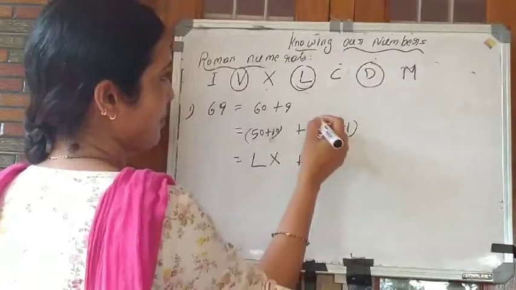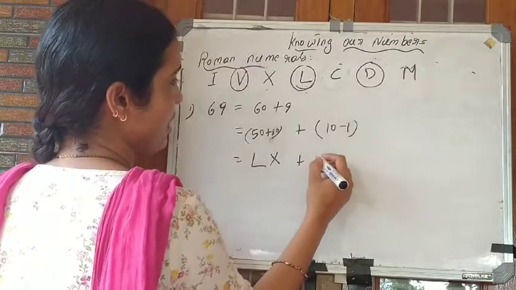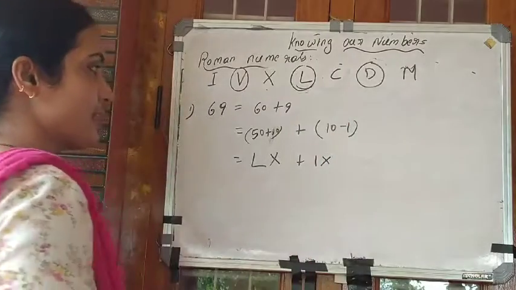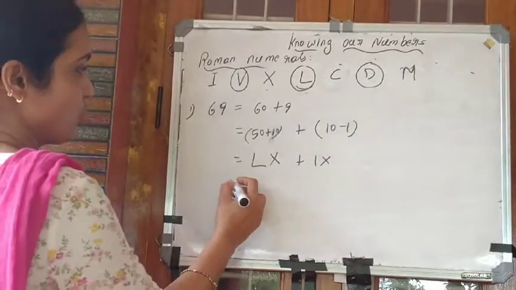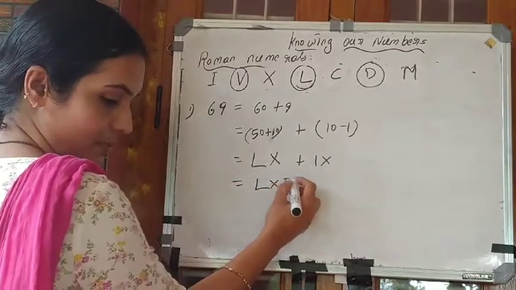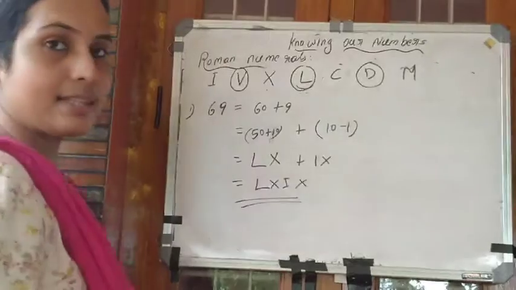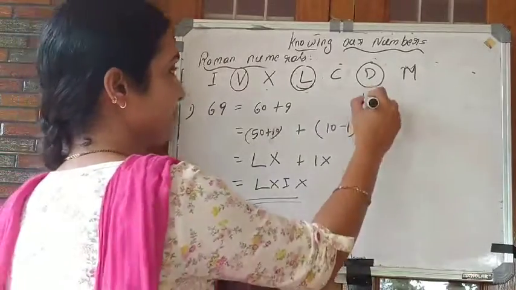And 9 is 10 minus 1, IX. So together LXIX.